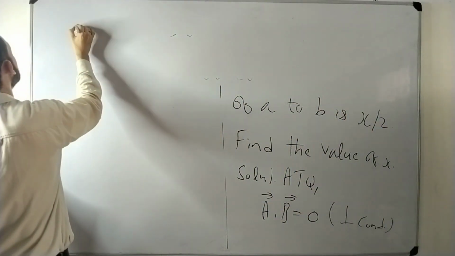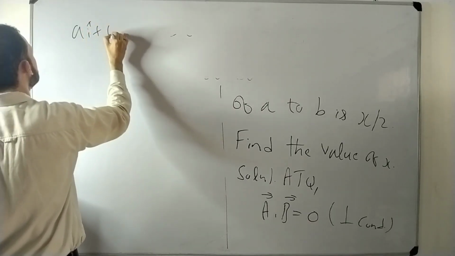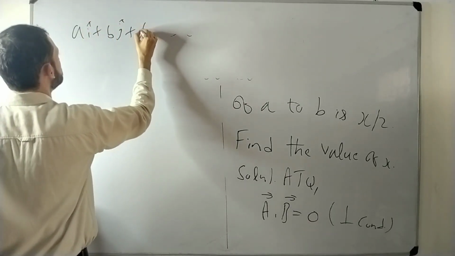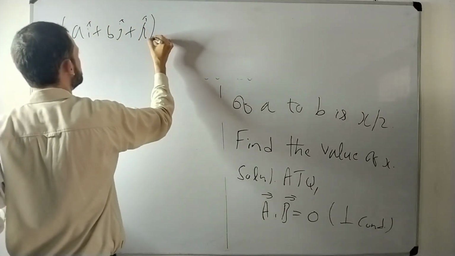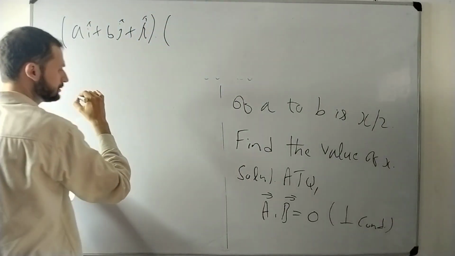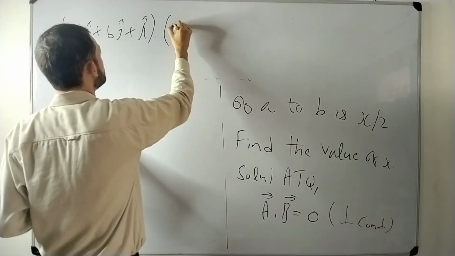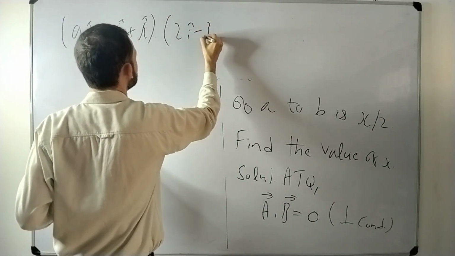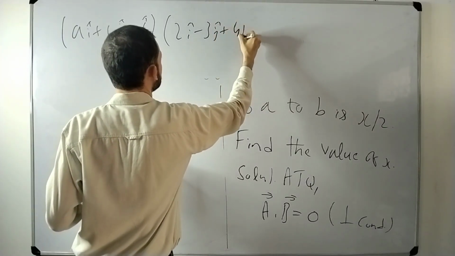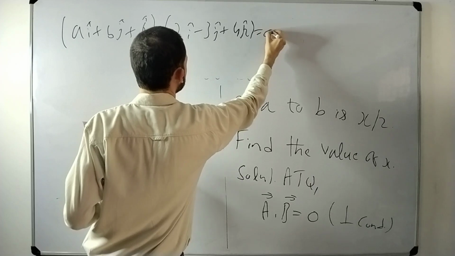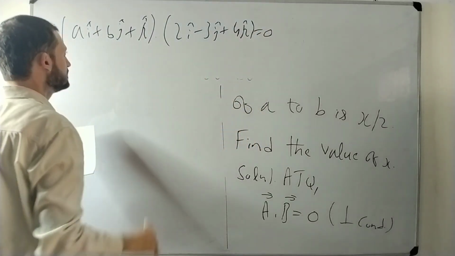So A i cap plus B j cap plus k cap is A vector and this is my B vector, 2i cap minus 3j cap plus 4k cap, and this has to be equal to 0, right?